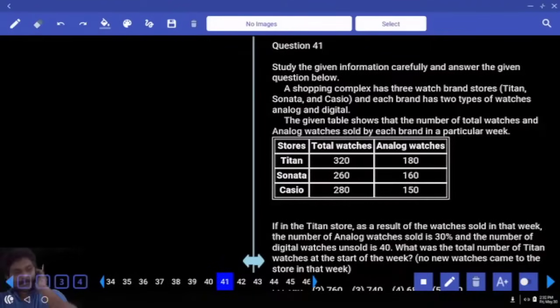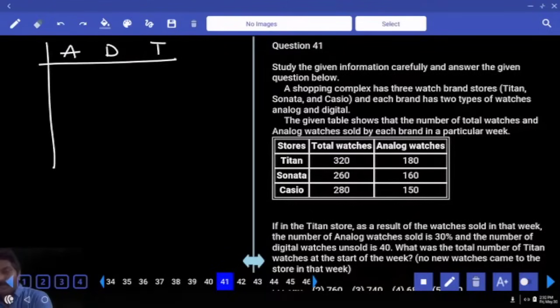A shopping complex has 3 watch brands: Titan, Sonato, Casio. Each brand has 2 types of watches, analog and digital. Analog, digital, total. 3 stores: Titan, Sonato, Casio.